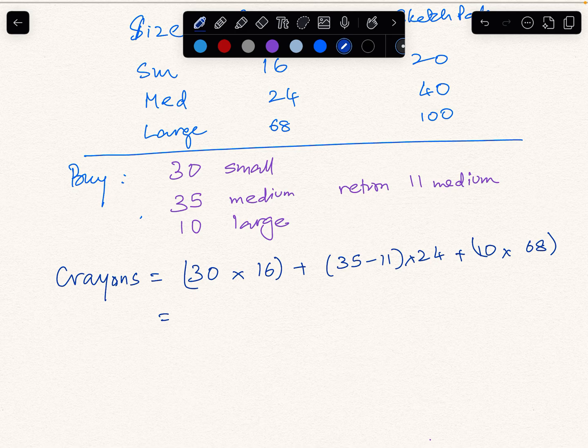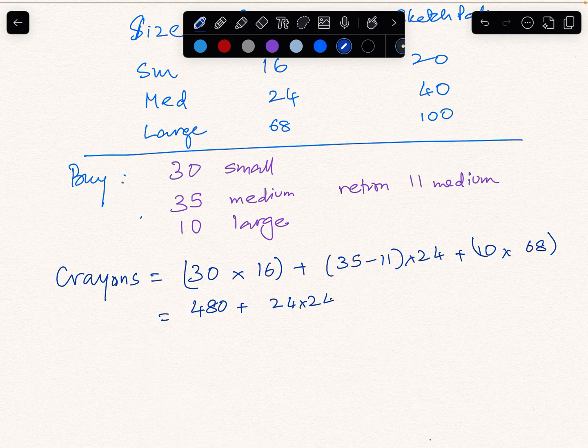So I'm going to work on resolving these expressions individually. Now, in the case of this first one and the last one, we did not really need the parentheses because multiplication has a higher priority over addition, but I still put it just so I can keep things clear and organized. So I'm going to evaluate what's inside this expression. 30 times 16 gives me 480 plus 35 minus 11 is 24.